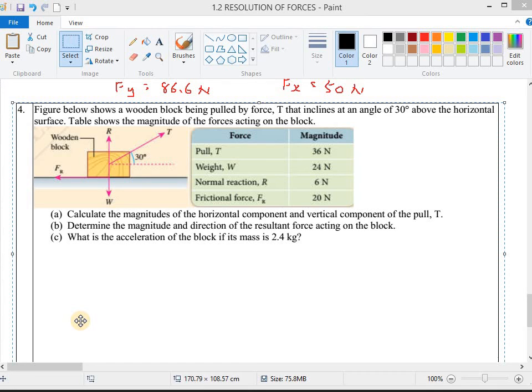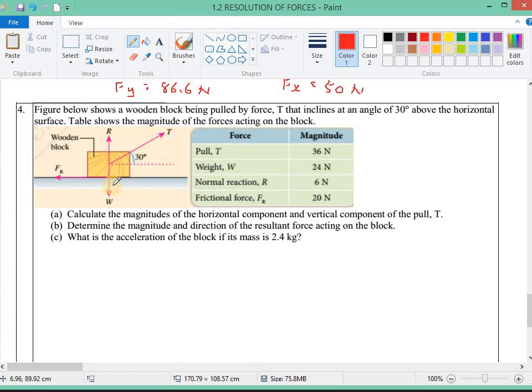Okay, number 4. The figure below shows a wooden block being pulled by force T that is inclined at an angle of 30 degrees above the horizontal surface. The table shows the magnitude of the forces acting on the block. The pulling force here is 36 Newton.